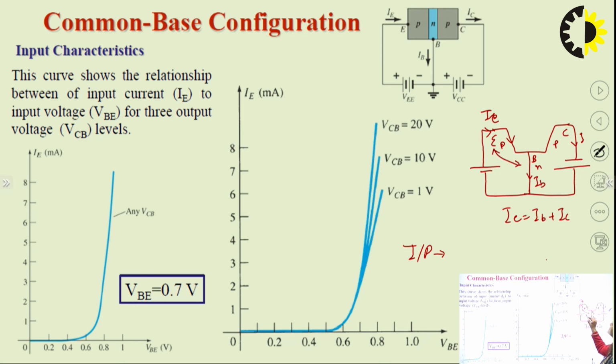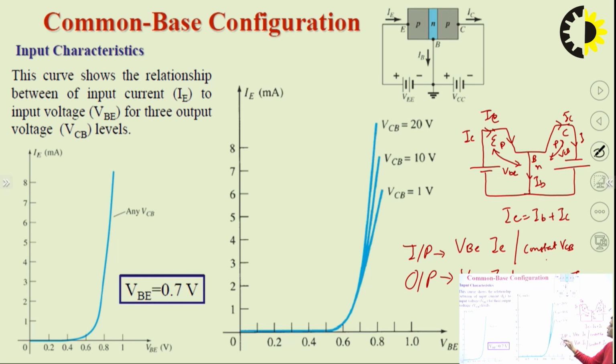Here voltage is VBE and input current is IE, and at the output side we have a potential VCB. So input characteristics will be plotted between VBE and IE at constant VCB, and output characteristics will be plotted at the output side, where we are getting the IC current, between VCB and IC at constant IE.